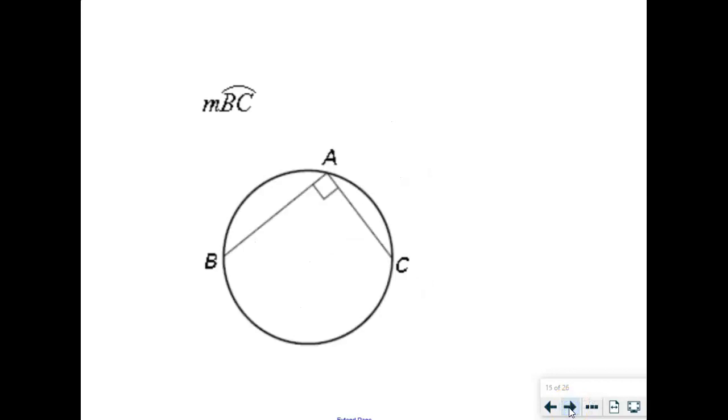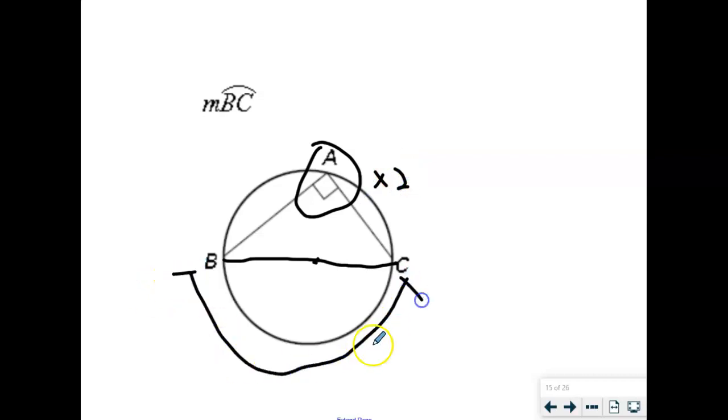Okay, students, what's arc BC? Well, angle A is 90. That means this must be going to the diameter. Because remember, when you take an inscribed angle, multiply it by 2, you get the arc. So this would be 180.